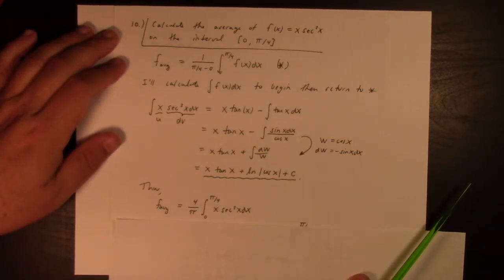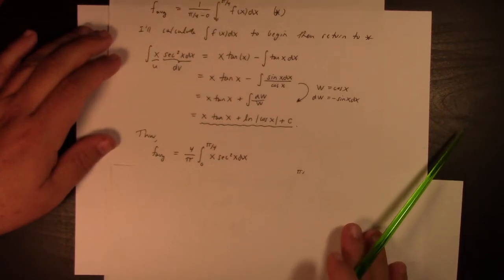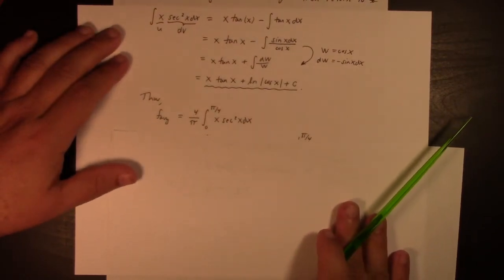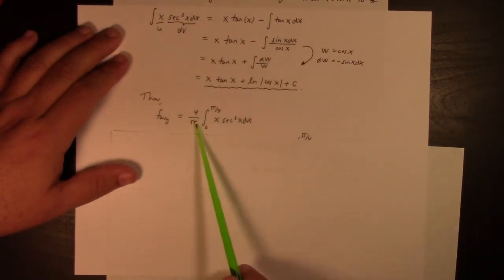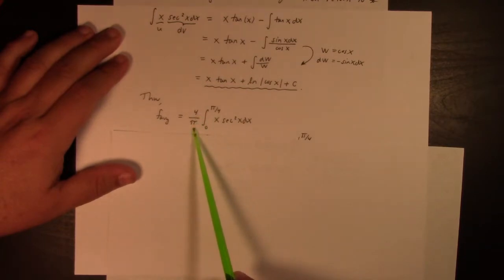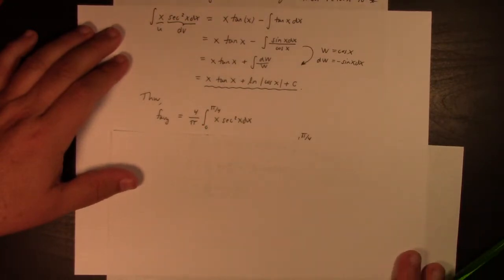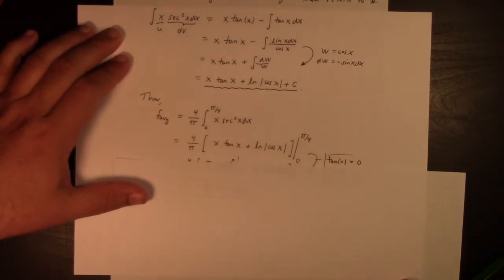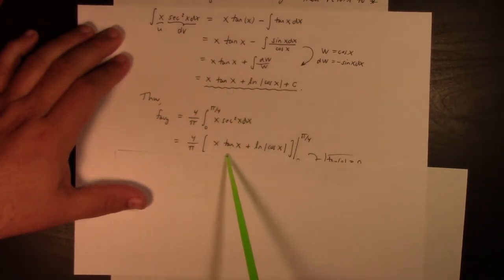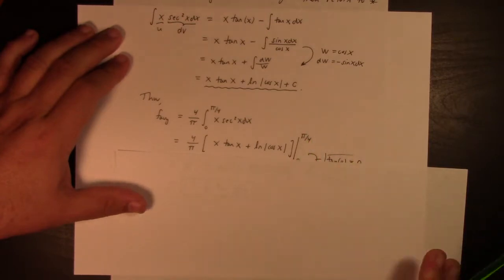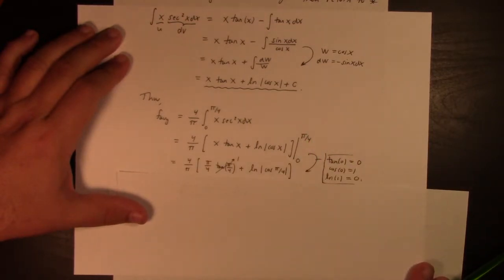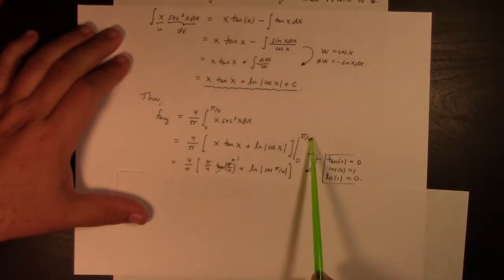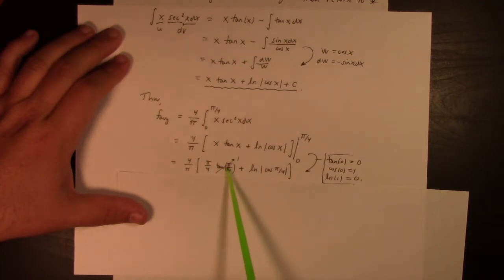I have to take care of the bounds. So here it is. 4 over pi, because by the way, 1 over pi over 4 is 4 over pi, right? And then I just take that antiderivative I just worked out and evaluate from 0 to pi over 4. At the upper bound, that gives me pi over 4 times the tangent of pi over 4.